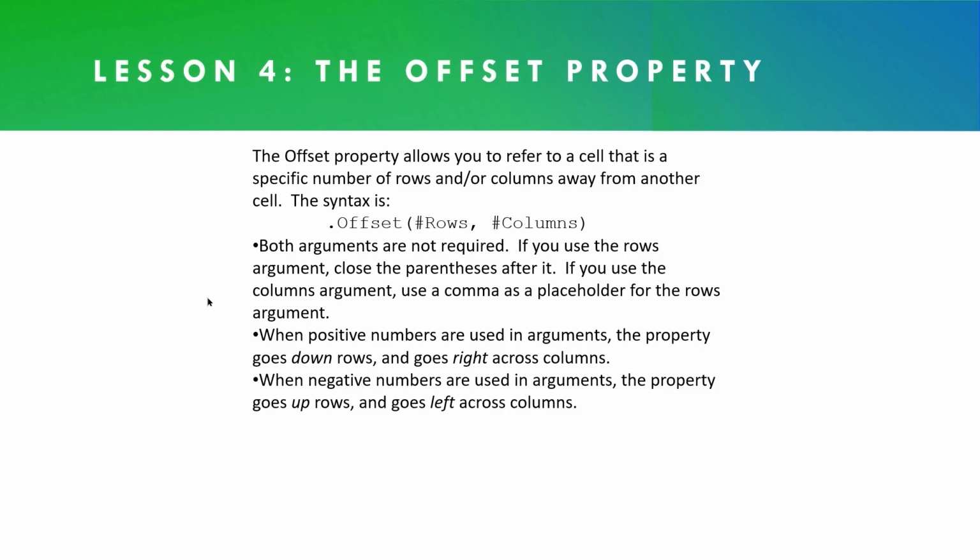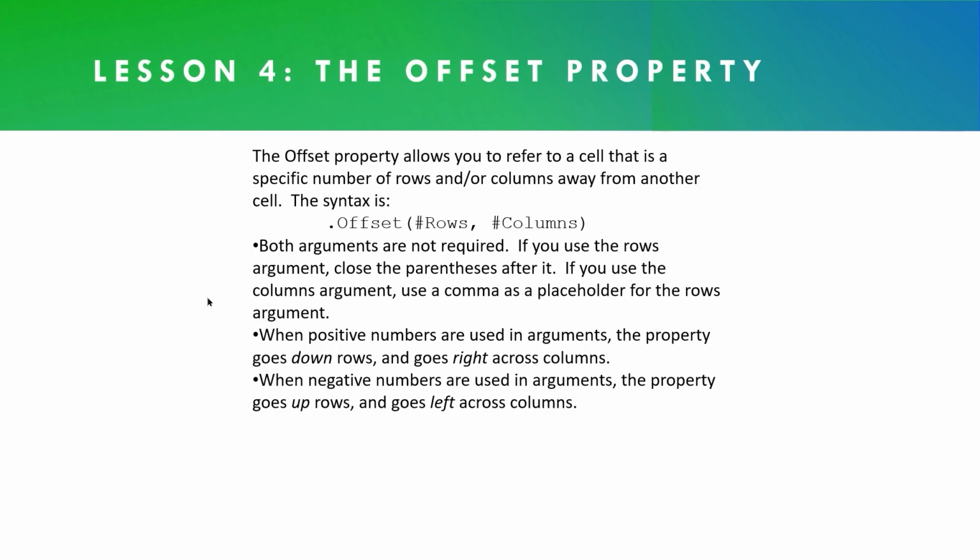The other thing we need, in order to assign the value of the variables to the appropriate cells, is the Offset property. It allows you to refer to a cell that is a specific number of rows and/or columns away from another cell. So it's a property. It has the .Offset, and the row argument comes first, and then the columns argument. Both arguments are not required. If you use the rows argument, close the parenthesis after it.